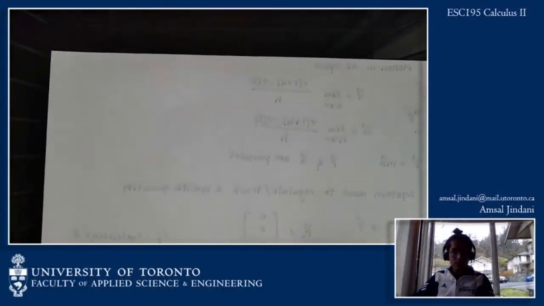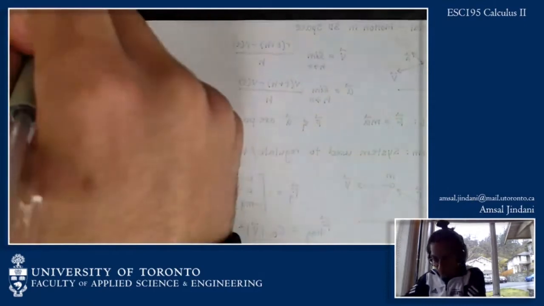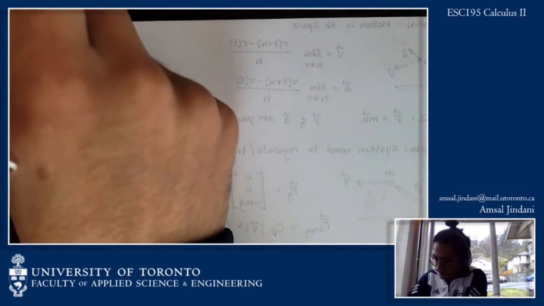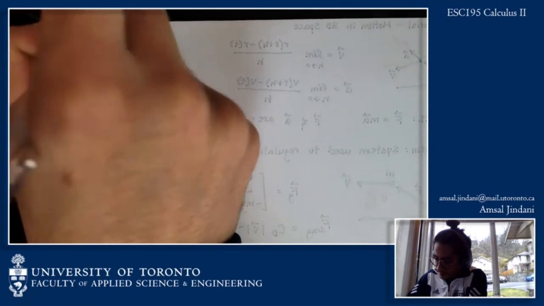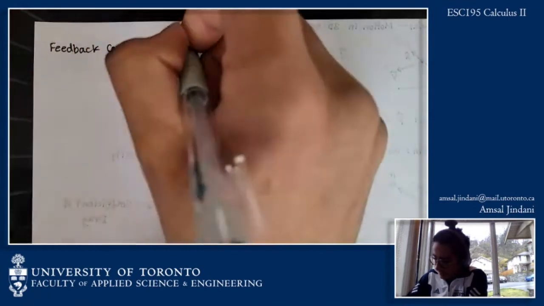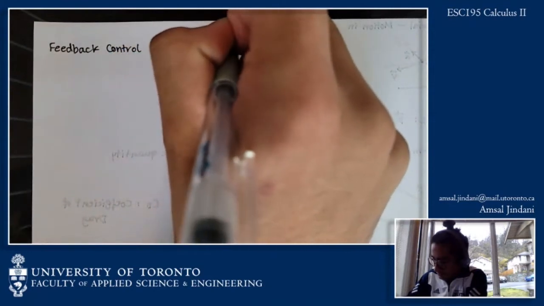Feedback control is when you use the state of the system to determine what your control input would be. So this is feedback control. And the specific form of feedback control that we're going to be implementing is PID control.